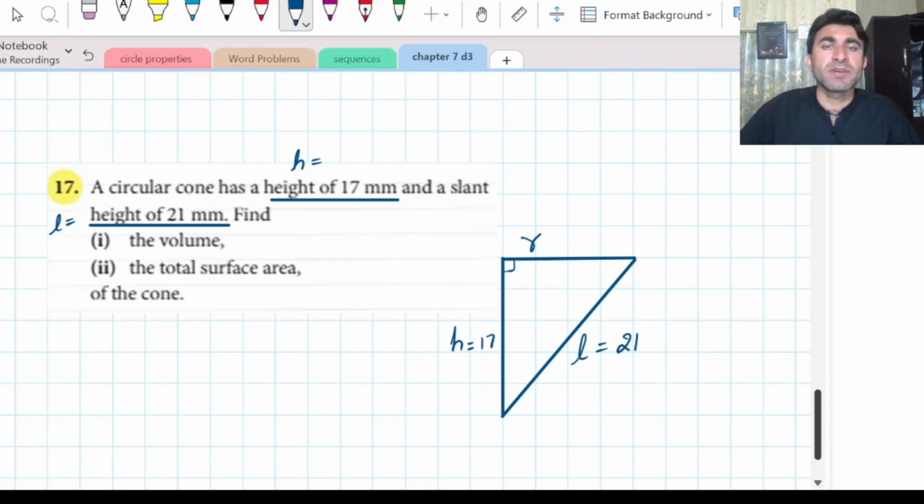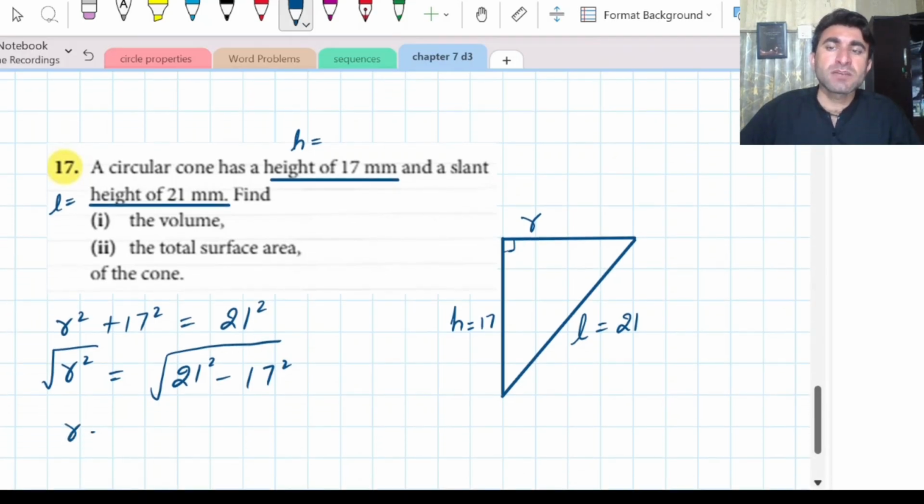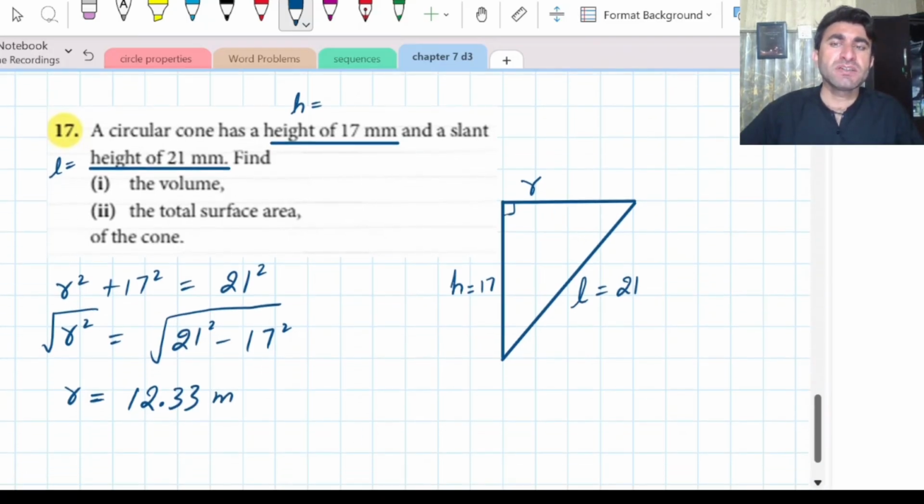So we apply the Pythagorean theorem, and that becomes r square plus 17 square equals 21 square. And r square becomes 21 square minus 17 square, and then we take the root using a calculator. So r becomes 12.33 millimeters. So that is the value of the radius.